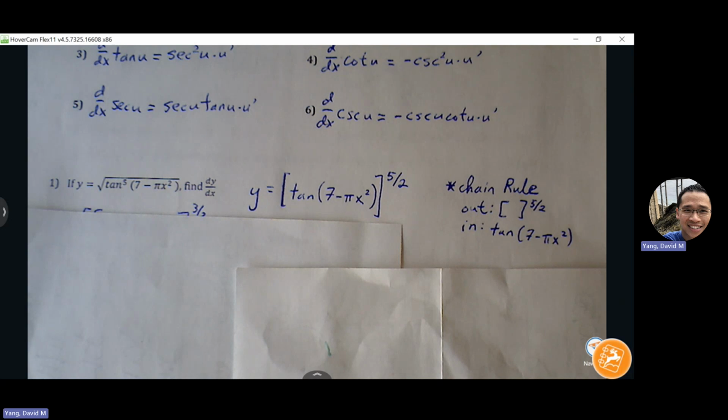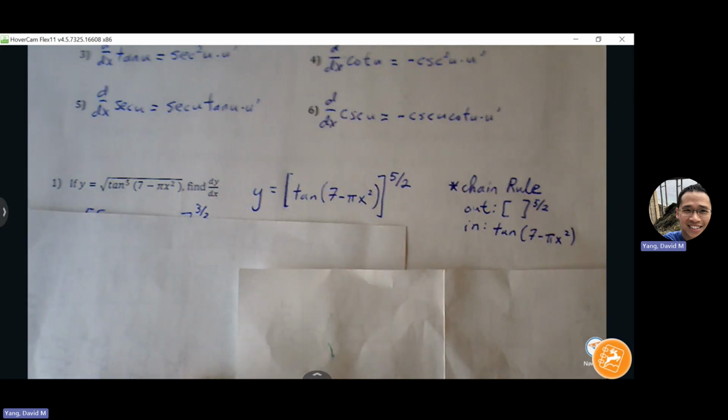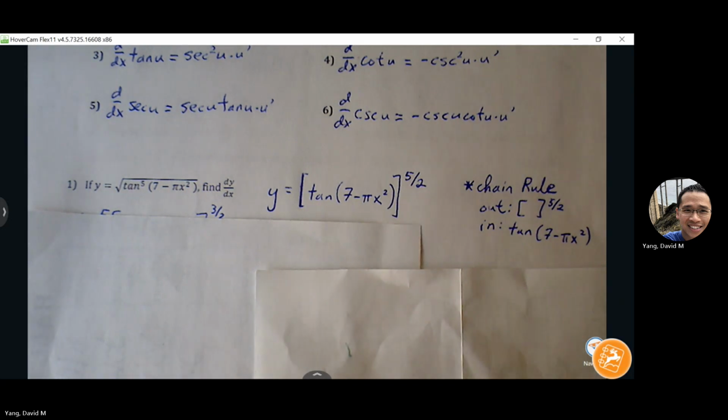Okay, so number 1, we want to rewrite that radical as bracket to the 5/2. And then you're just taking care of your chain rule, right? Your outside portion, you do power rule for that bracket to the 5/2. And then you do your trig derivative rule for that tangent in the parentheses on the inside.